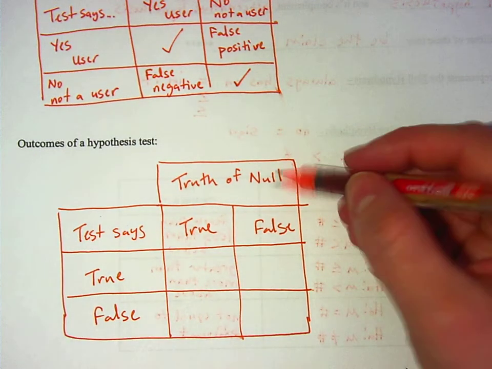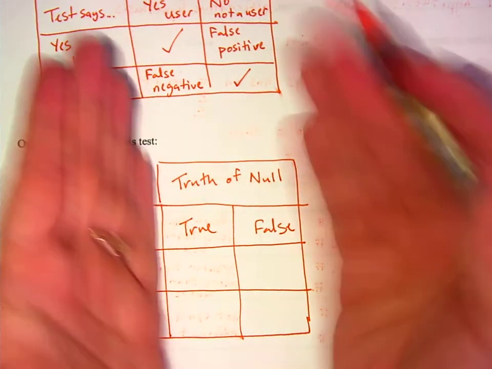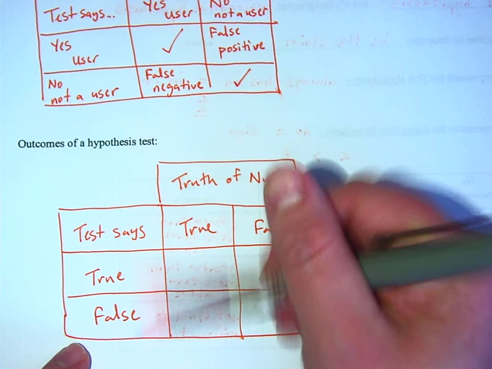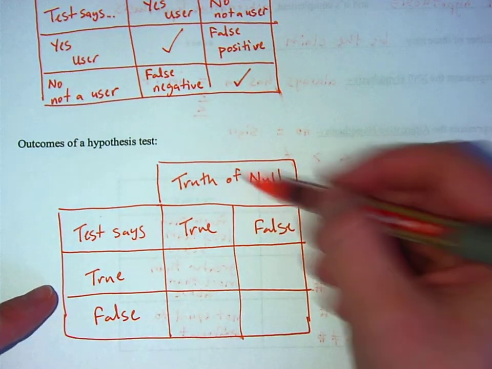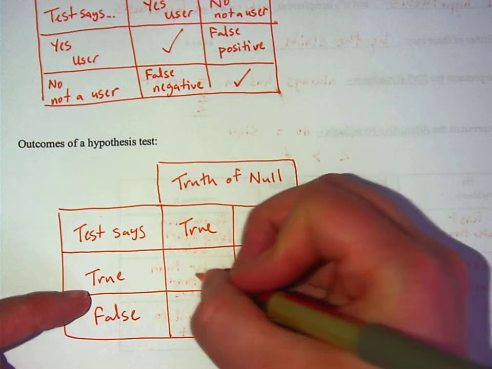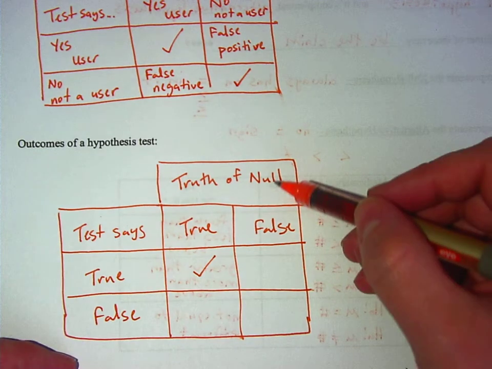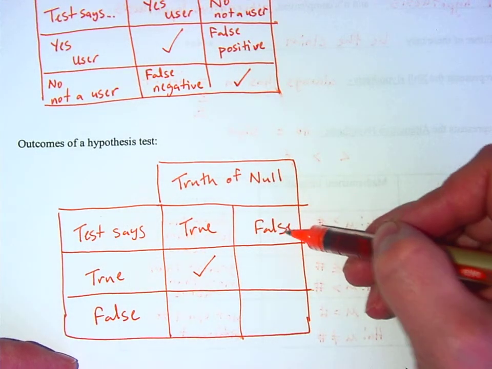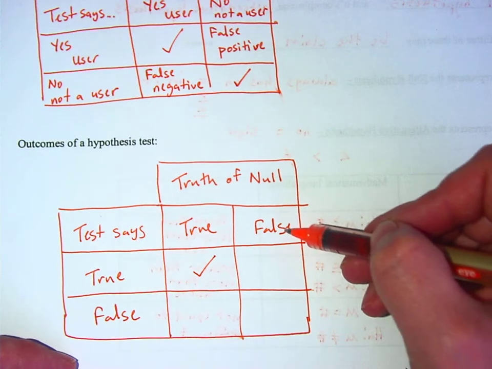So the truth of the null hypothesis, this is just the actual truth right here, whether something's true or false. And this is what my test says, whether it's true or false. So if the statement was actually true and my test says it's true, I did a good job.